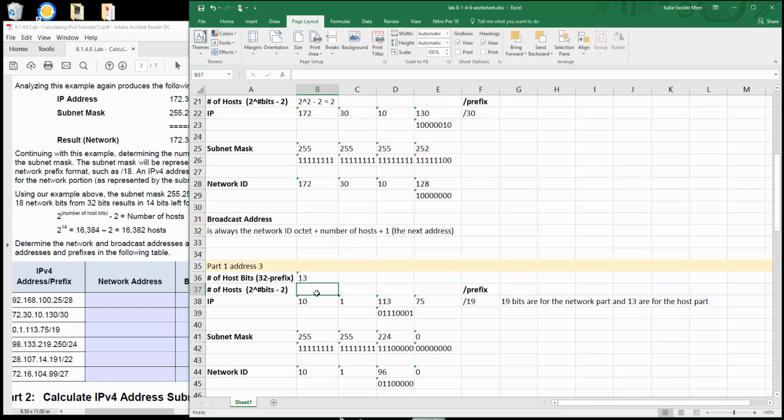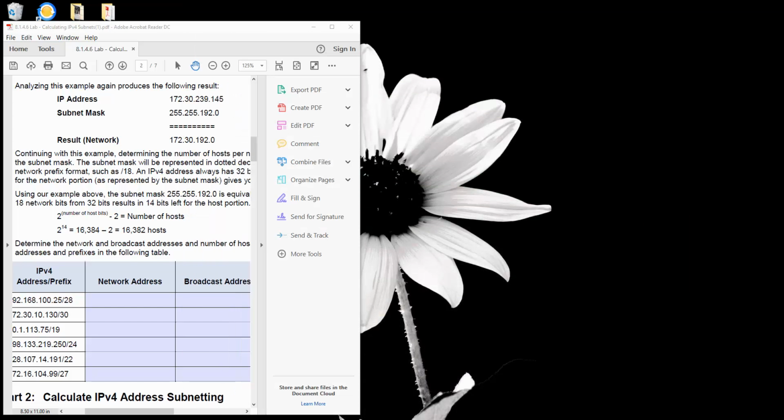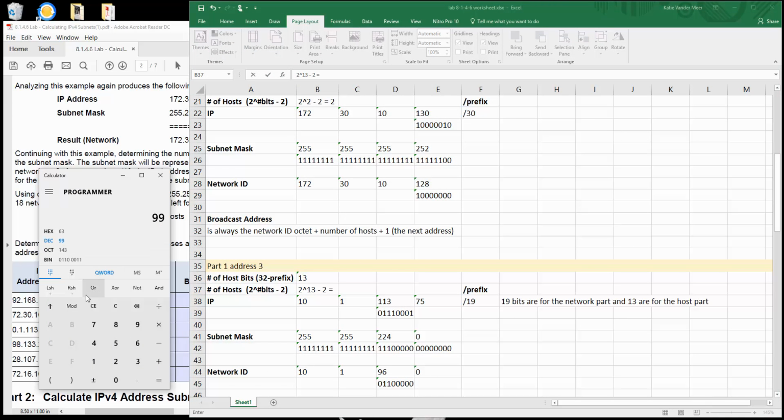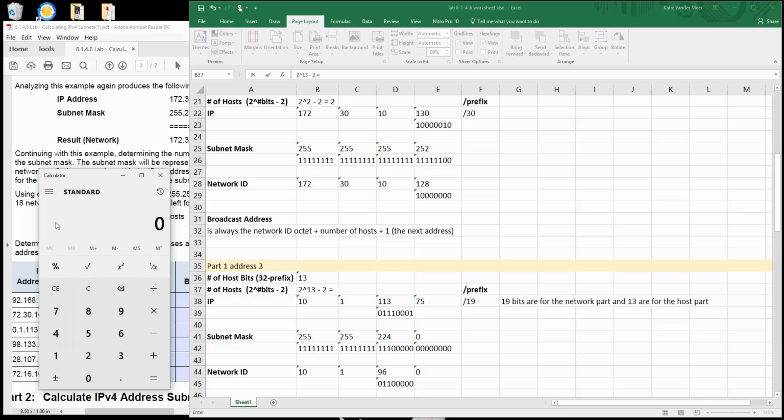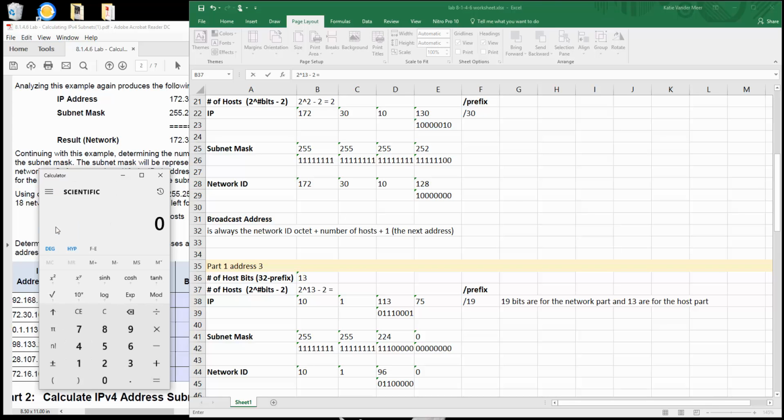Go down to address 3. 2 to the power of how many bits do we have in our host? So 2 to the power of 13. 2 raised to the power of 13 minus 2. It's going to tell us how many hosts we have, and I cannot do that without my calculator. So I'm going to go back to a standard. No, scientific will work.